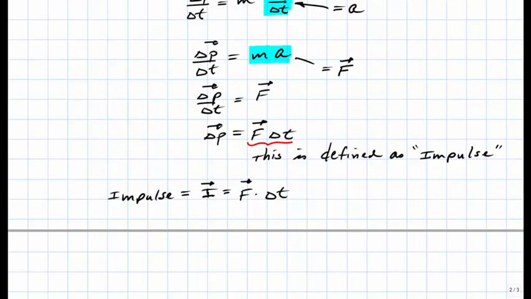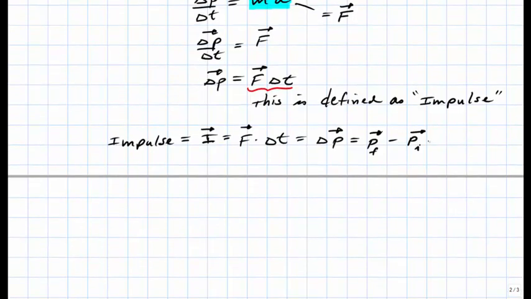It also equals delta P. And the change in momentum, just like the change in any other physics parameter, just involves taking the final momentum in this case and subtracting the initial momentum. Which could be further expanded as, if you recall, momentum is just defined as mass times velocity. So we can expand this as mv final minus mv initial.